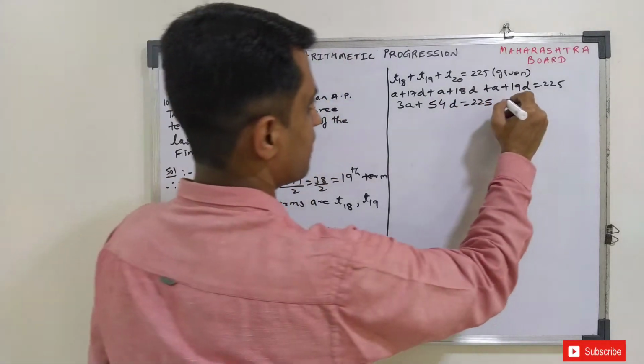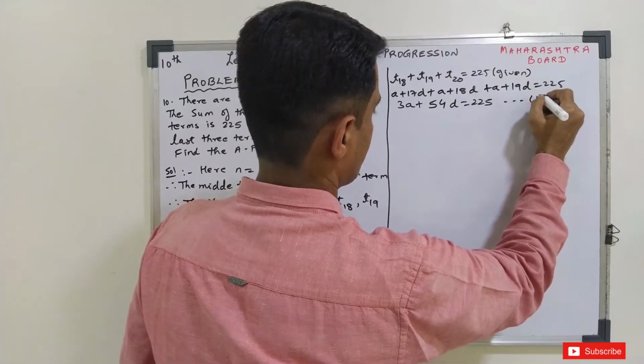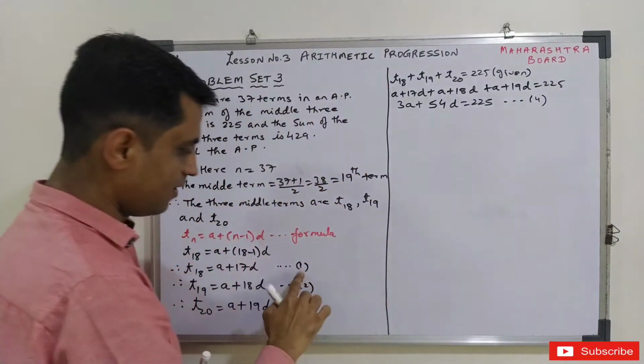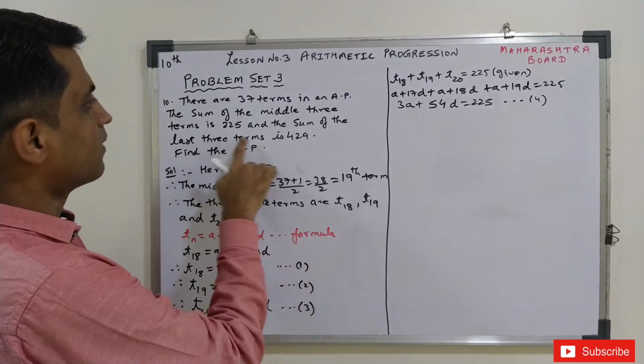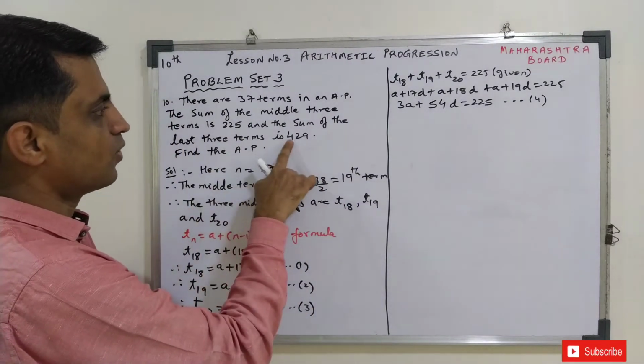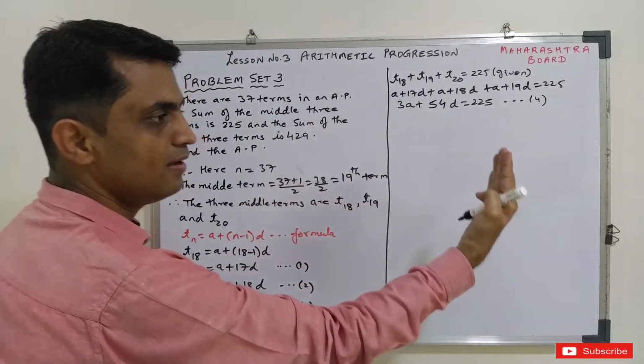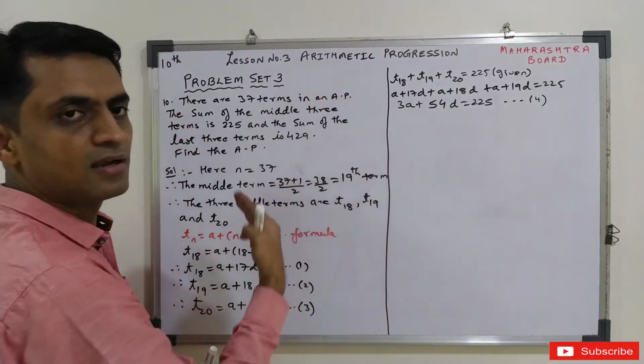So this will be our equation number 4, because we had already written 1, 2 and 3. Now the sum of the last three terms is 429. The last term is what? 37. So 37, 36, 35.